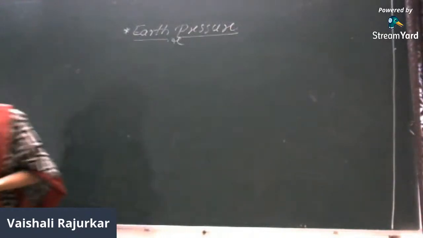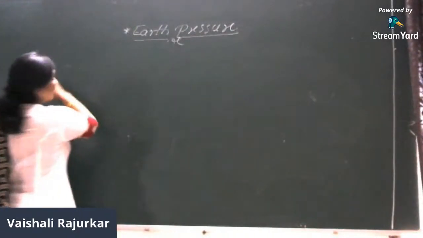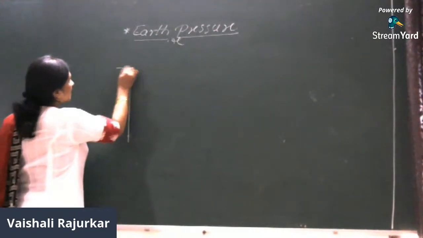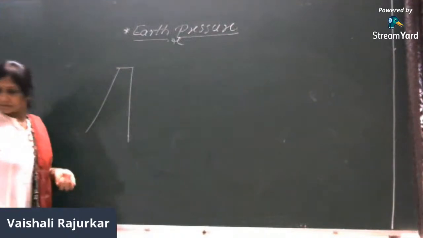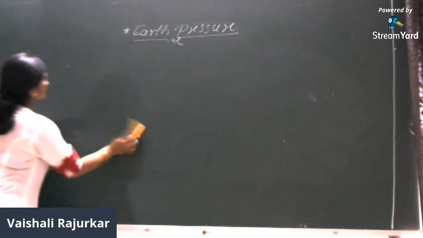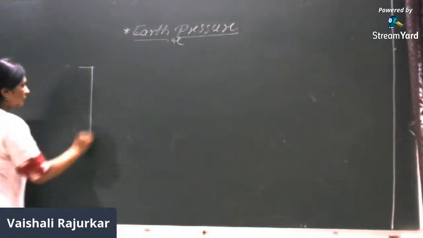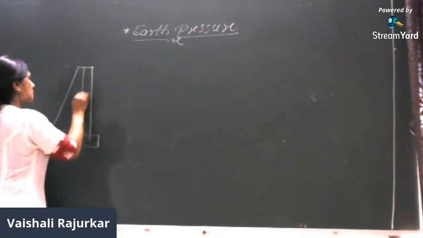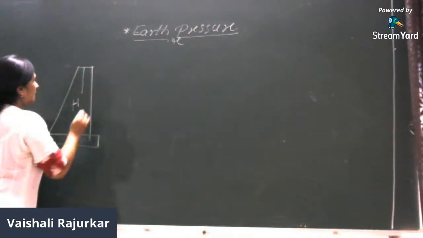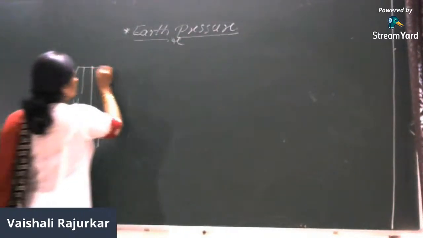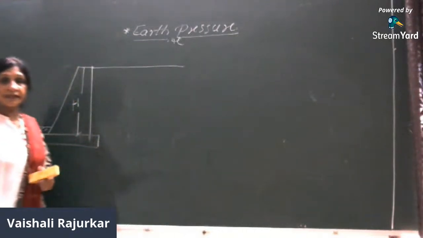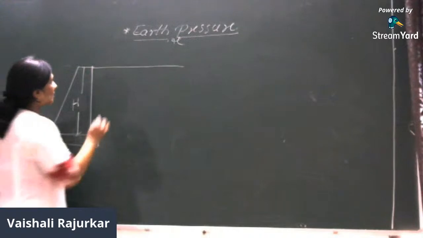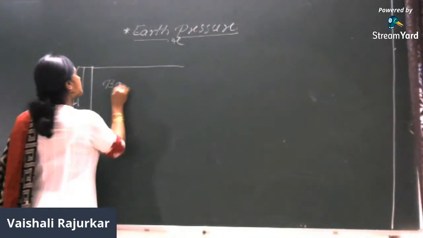So what does Rankine's theory say? Here, this is the retaining wall of height h. Then this is the horizontal backfield.